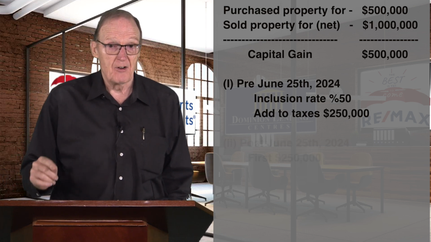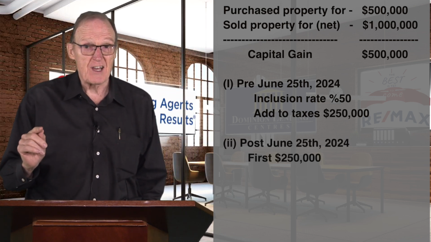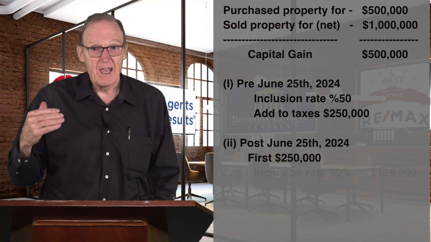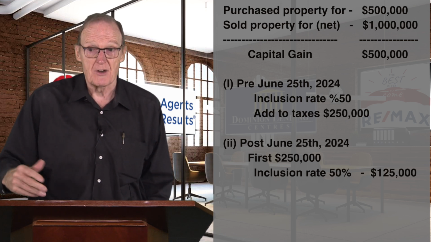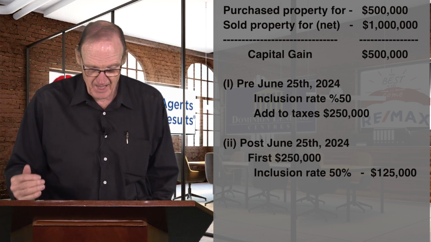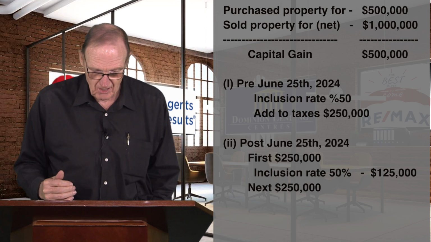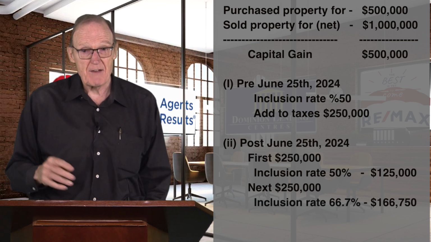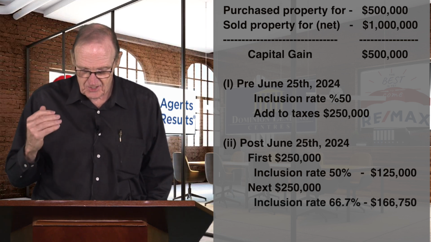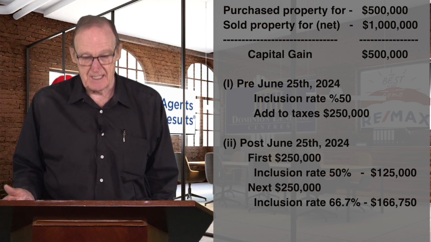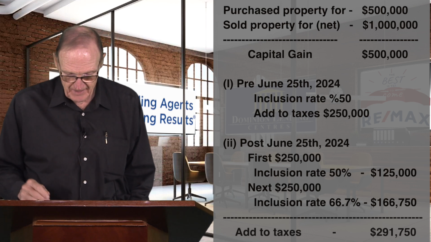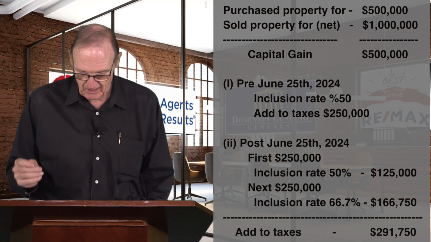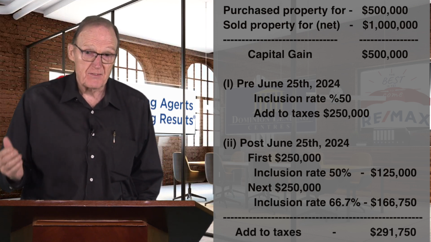That's changed now. The first $250,000 of capital gain is at 50%, and so that would be $125,000 of profit you would be taxed on. But the next $250,000 at 66.7 rounded off percent is $166,750. So now your total amount you're going to add to your taxes is $291,750 instead of $250,000.